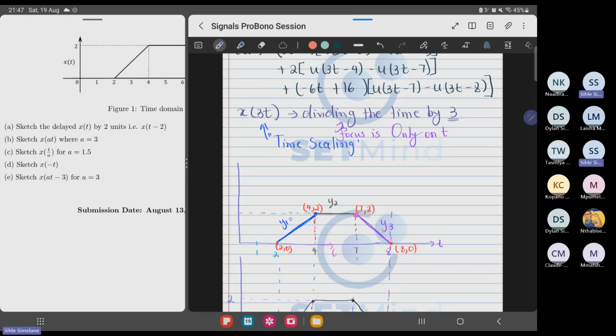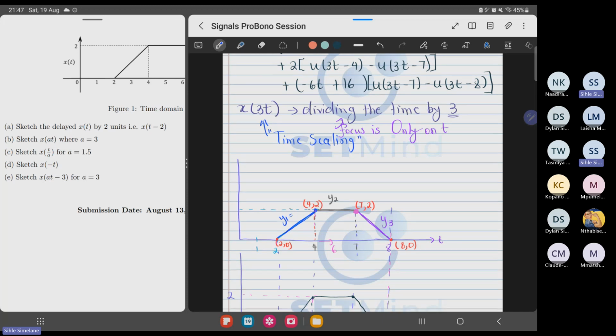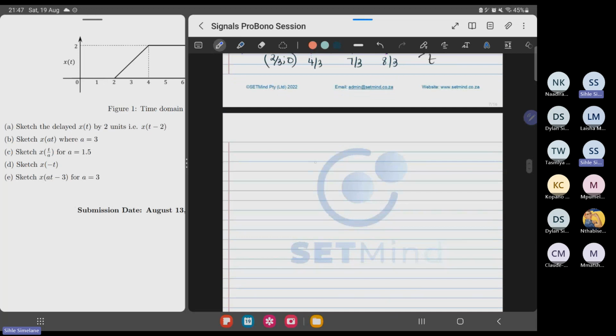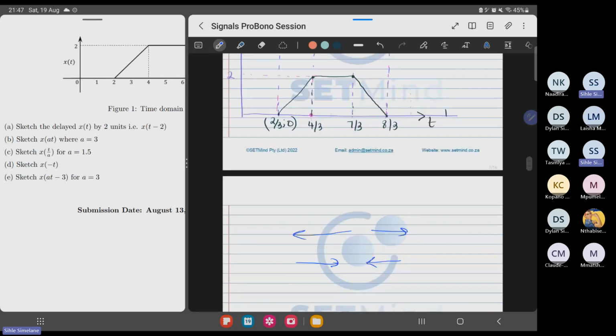That's our focus. We are stretching the axis or we are narrowing them if we multiply by a constant. The y value does not do anything. So it's more like all you are doing is to the axis when you do time scaling. Either you are stretching them or you are narrowing things, but the y values remain the same. Make sense?